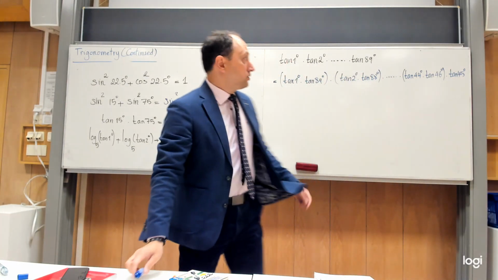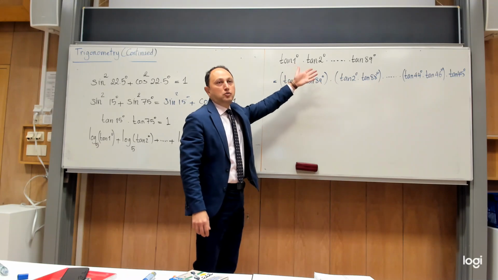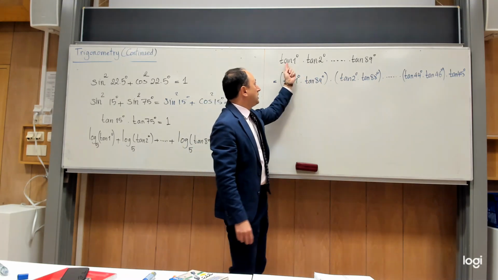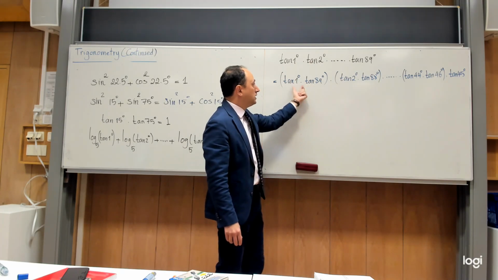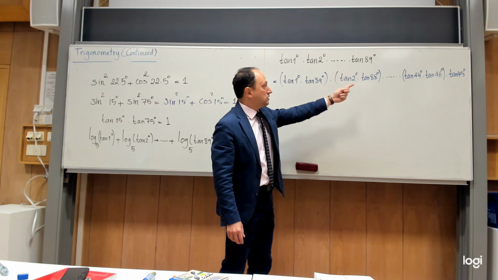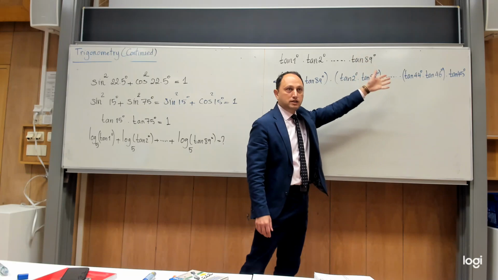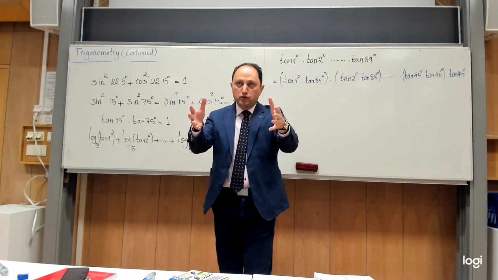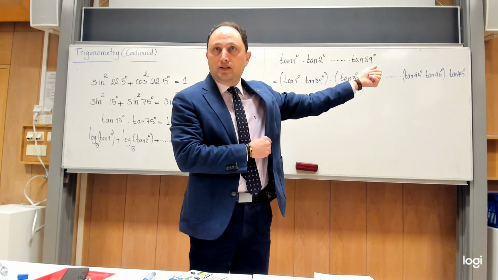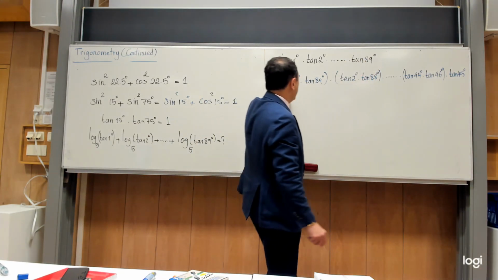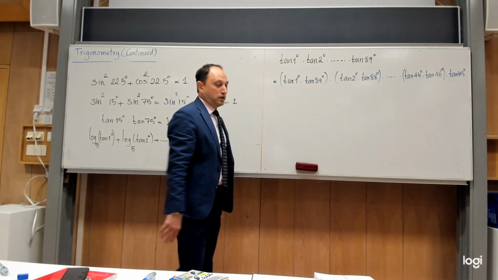I started by grouping the first one and the last one, putting them next to each other, because that's a product. It doesn't matter how you multiply them. If you want to multiply them one after the other, it doesn't work. But if you think a little bit wiser, you can group them in groups of 2 and multiply them in this order. Of course, it is clear because there is an odd number of angles from 1 to 89. There are 89 angles, so if I group them in 2s, there would be 1 left, and it's not hard to see that what is left is just 45 degrees. This blue line is exactly the same, arranged in a different order so that I can manage to solve it.